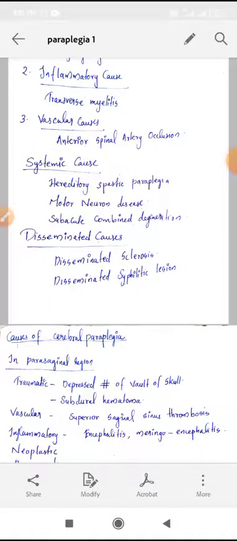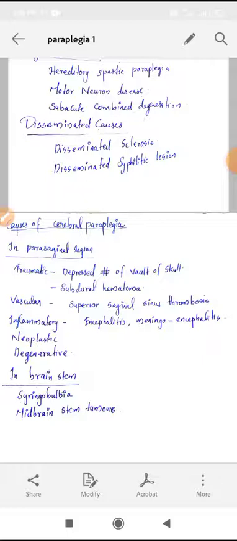Now what are the causes of cerebral paraplegia? That can be due to a lesion in the parasagittal region or in the brainstem. In the parasagittal region, it can be a traumatic cause like depressed fracture of the vault of the skull or subdural hematoma, a vascular cause like superior sagittal sinus thrombosis, an inflammatory cause like encephalitis or meningoencephalitis, a neoplastic cause, or a degenerative cause.